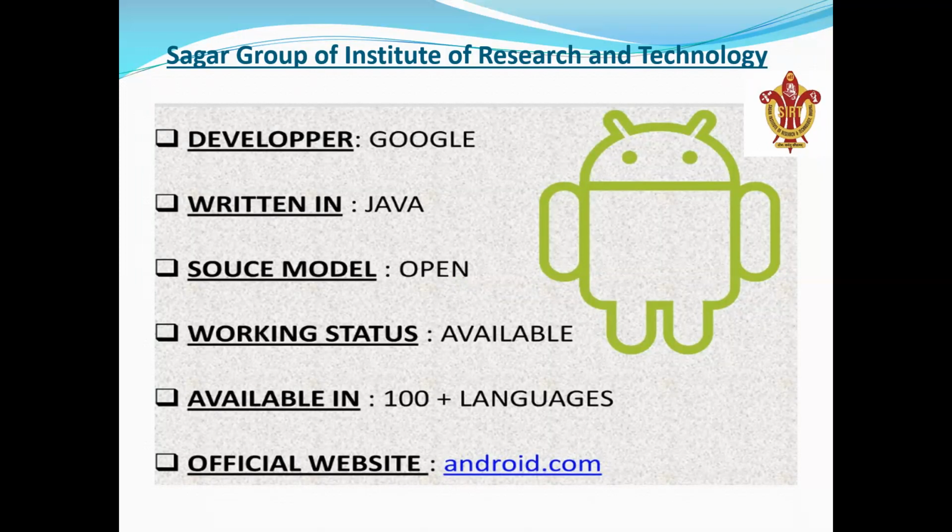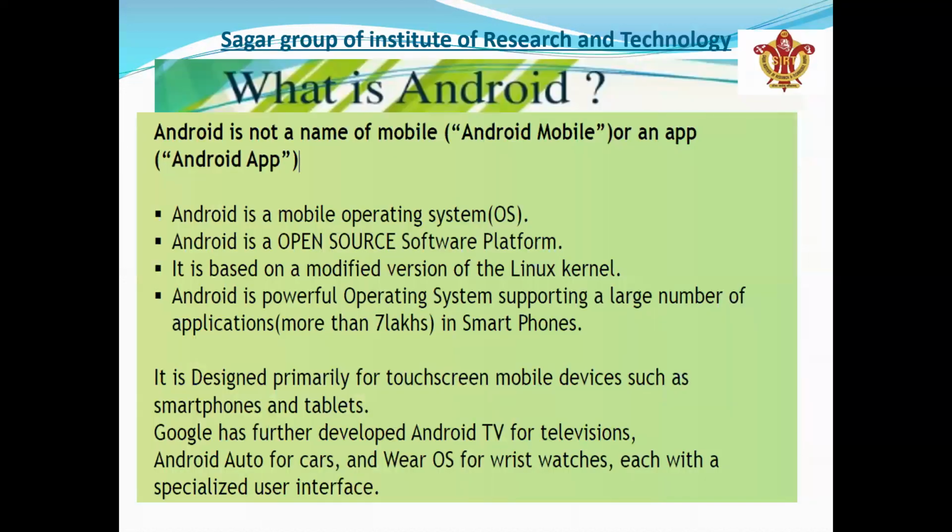So here are the key points for the Android operating system. First is the developer, Google. It means the developer company of Android is Google, and it is written in Java. It means the source code of Android is written in Java. Source model is open. Android is an open source software platform.